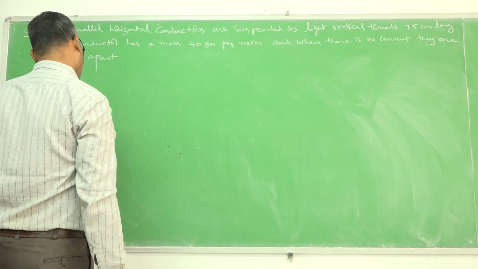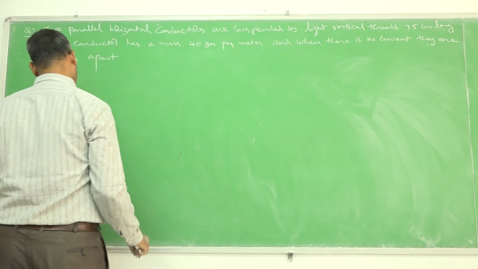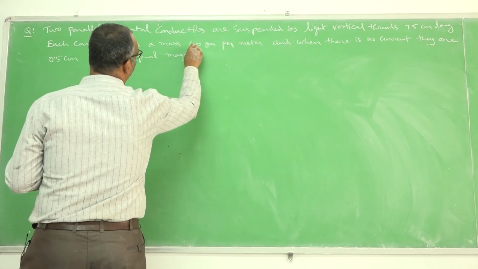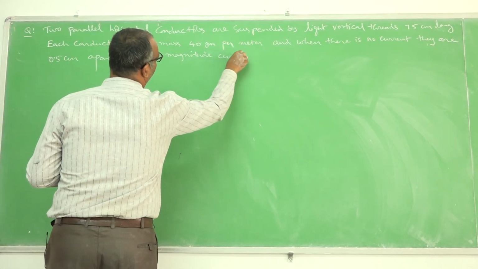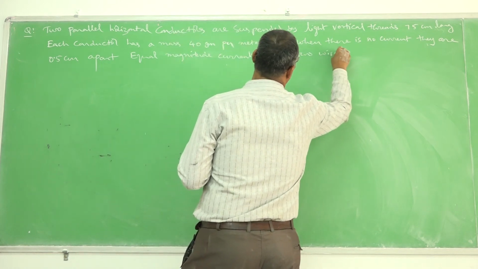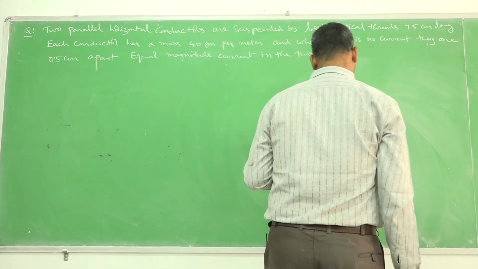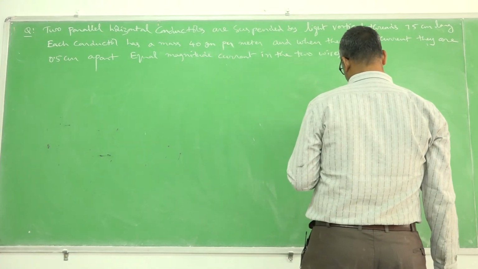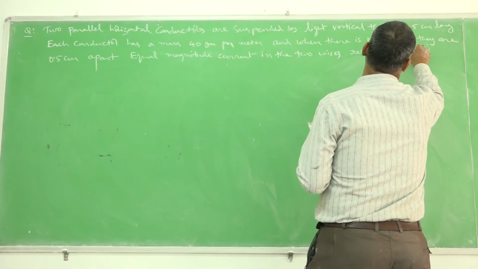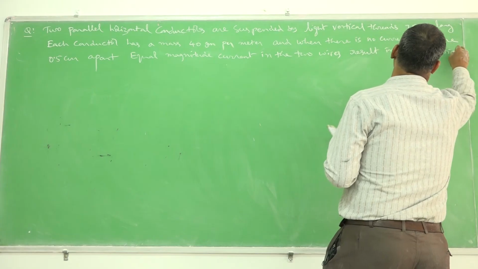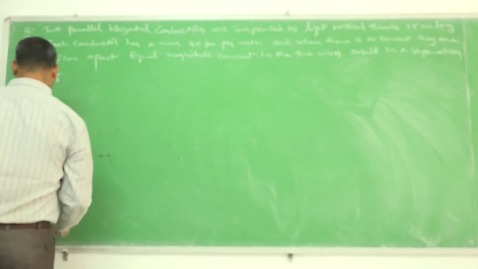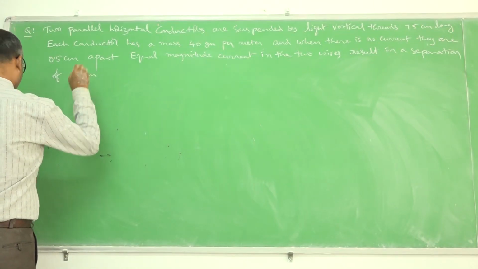Equal magnitude current in the two wires result in a separation of 1.5 centimeters.